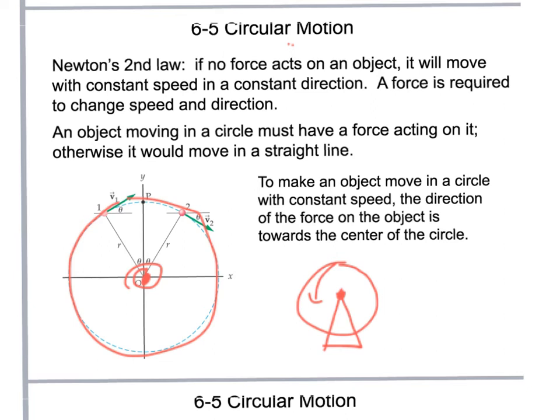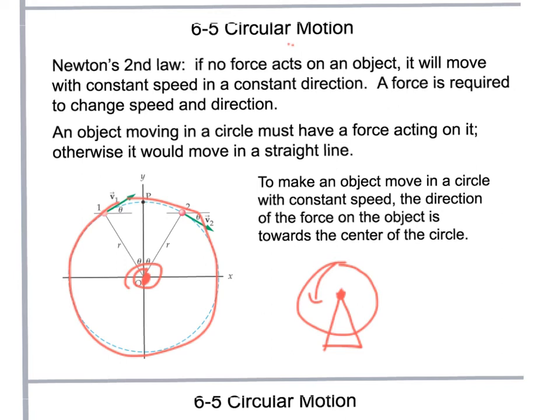Newton's second law still applies to circular motion. The second law is that if there's no force acting on the object, it's going to move with constant speed in a constant direction. So an applied force, external force or net force, is required to change that speed and direction.